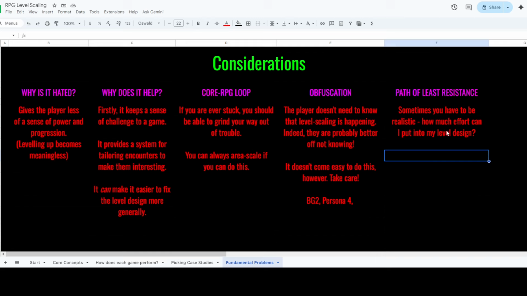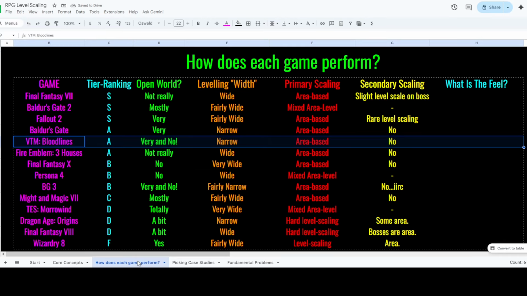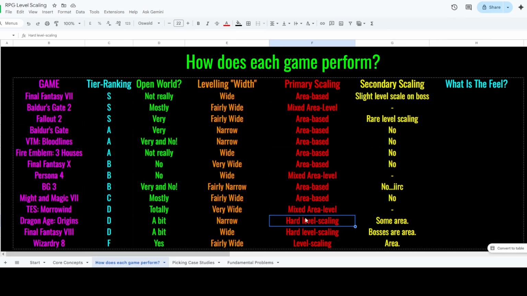The point with this is not to say, so just use level scaling. When I think about the design for the systems that these bottom three games use, I just don't think they're successful.